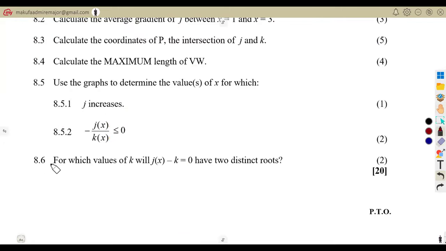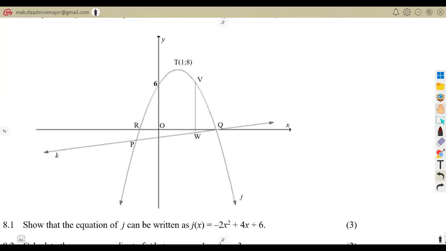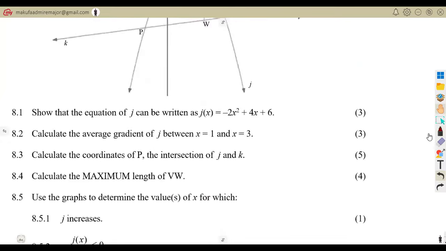All right. For which values of k will j(x) minus k equal to 0 have two distinct roots, two different roots? So if we check, guys, this is the j and that other one is k, and they said distinct roots.